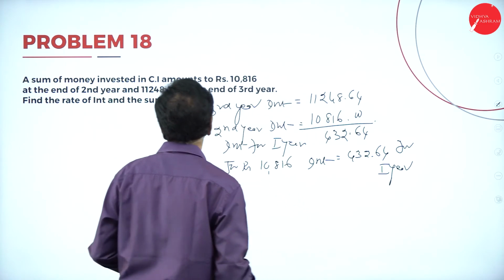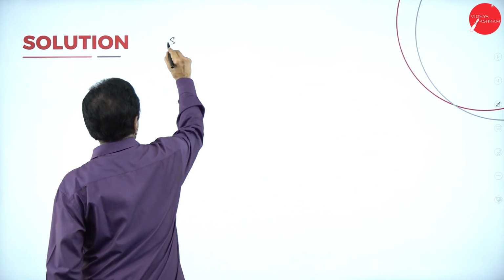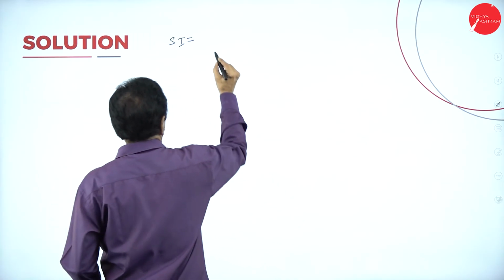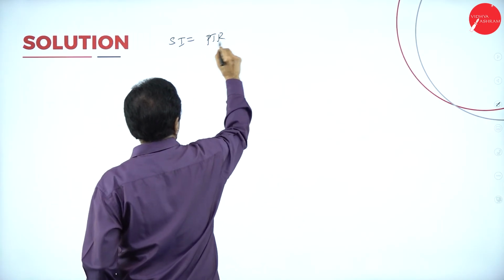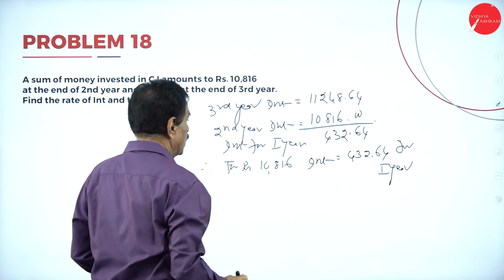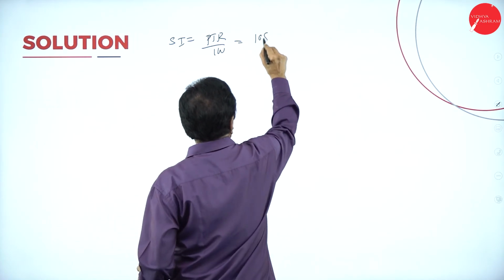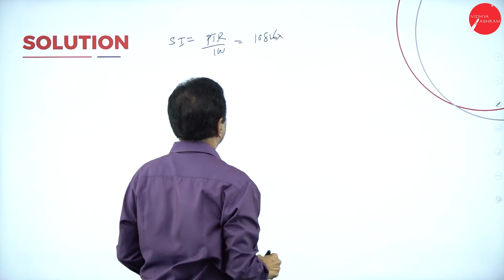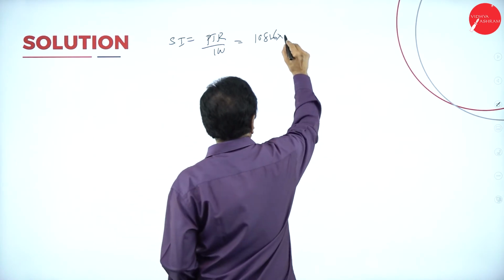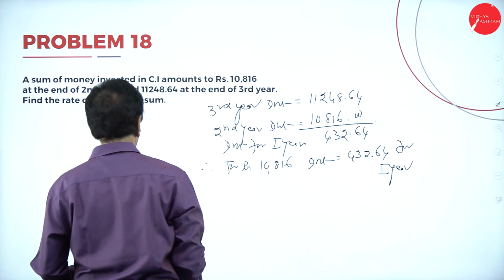Apply now. Simple interest is equal to PTR over 100. What's your principal money? 10,816. Time is 1 year. Rate of interest we don't know.